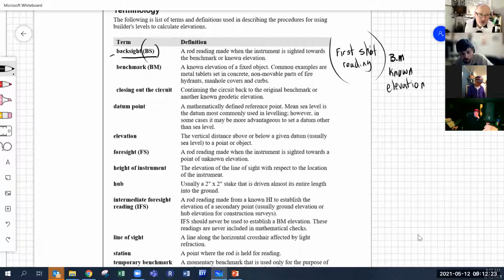So a benchmark here is a known elevation. Common examples of a benchmark are metal tablets set in concrete, non-movable parts like a fire hydrant, a manhole cover, or even a curb. So that is a benchmark, or it is a known elevation.